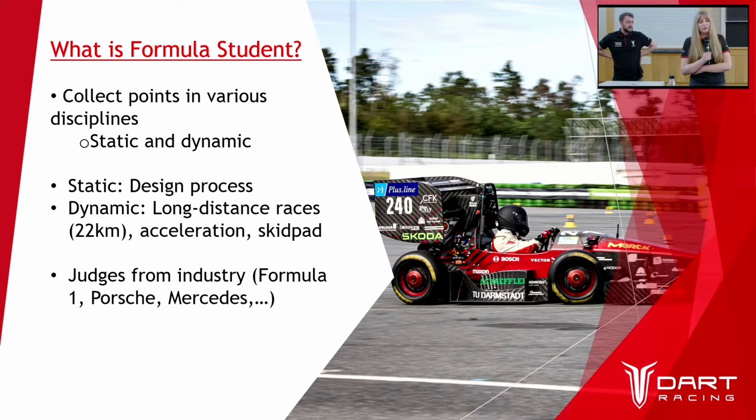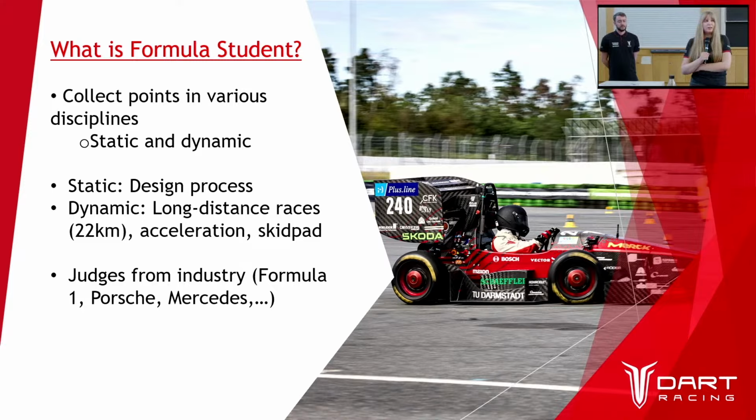So how does Formula Student actually work? Teams collect points in different disciplines, which are divided into static and dynamic events. The static events focus on engineering side, such as design process, where the teams present and justify their technical decisions. And the dynamic events, on the other hand, they take place on a track.